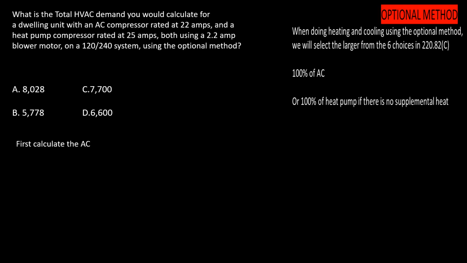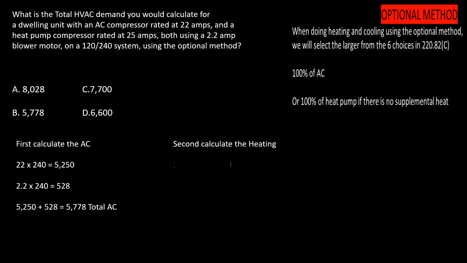So first we're going to calculate the AC. We take our 22 amps multiplied by 240 volts, and that's going to give us 5,280 VAs. Now we're going to multiply out the blower motor, so it's 2.2 multiplied by 240. That's going to give us 528. Now we just add those two together, and that is going to give us our total AC load.